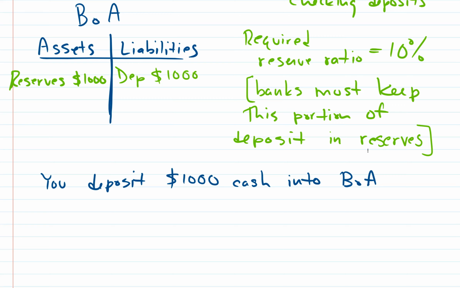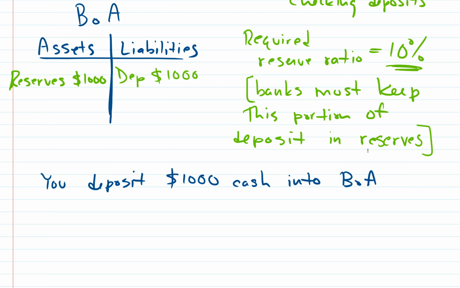You still have your deposit in the sense that when you come back, you can take your money out if you want to. But they generally only keep part of it in their vaults, in their reserves, and the rest they're going to loan out. How much they keep depends on several things, but for right now we're going to assume that they keep as little as they have to, which means they keep 10%.